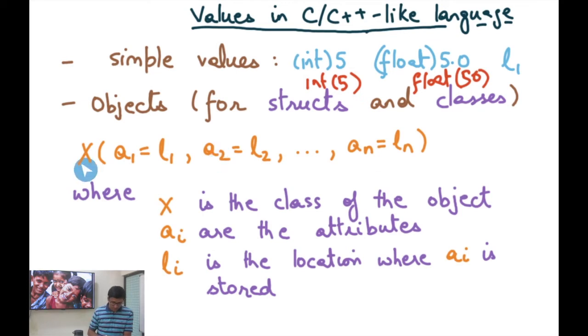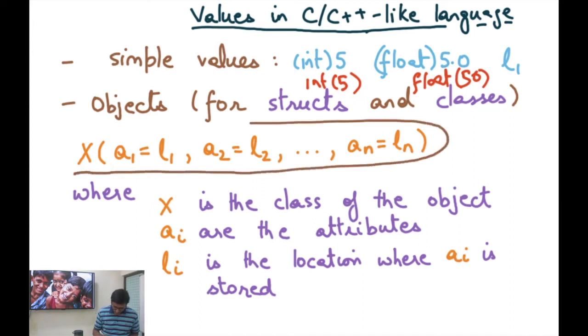And a value is basically an object of type X whose attribute A1 maps to location L1, attribute A2 maps to location L2, and so on, and attribute An maps to location Ln. So this is also a value, all right? This is important. I would like to emphasize this. This is also a value.